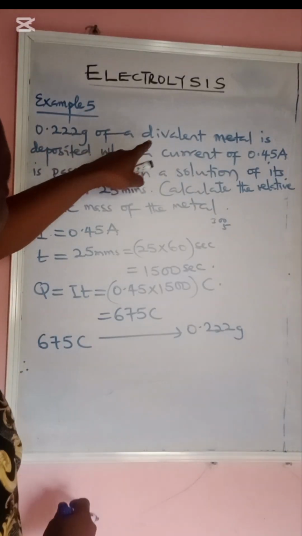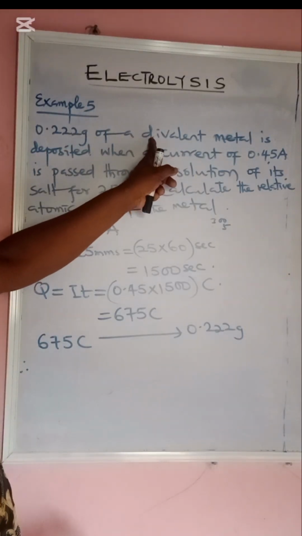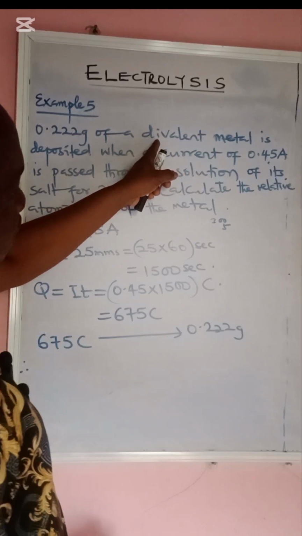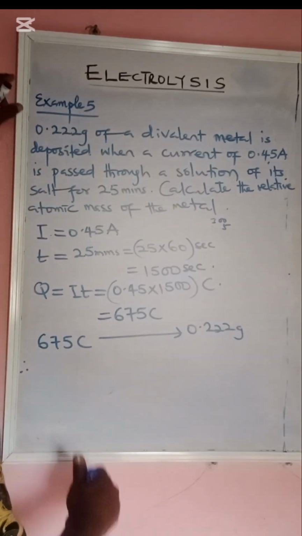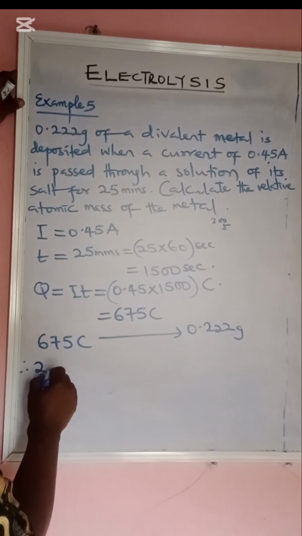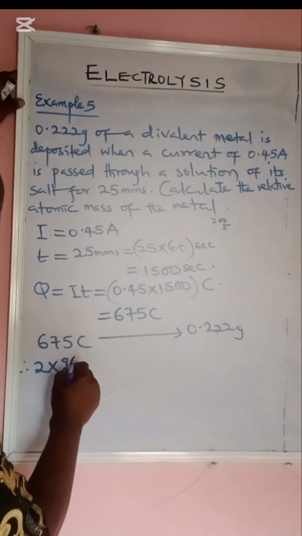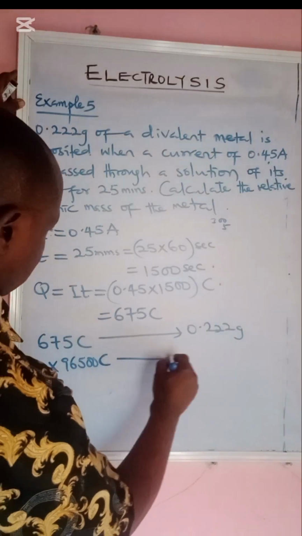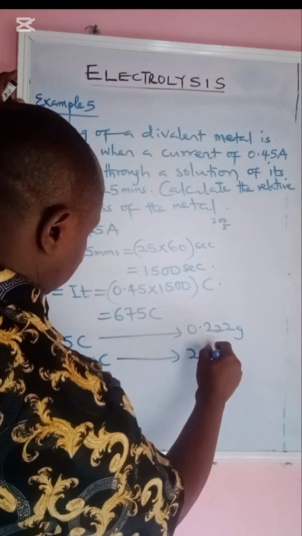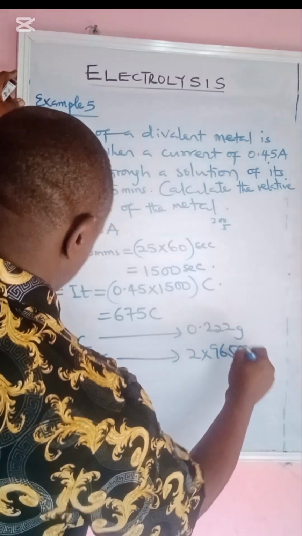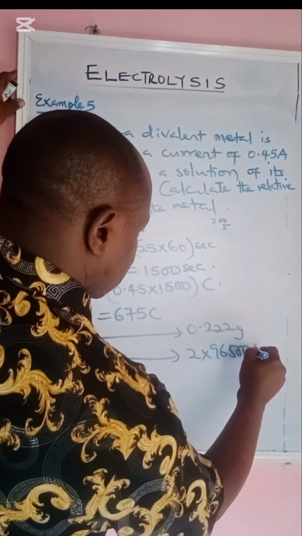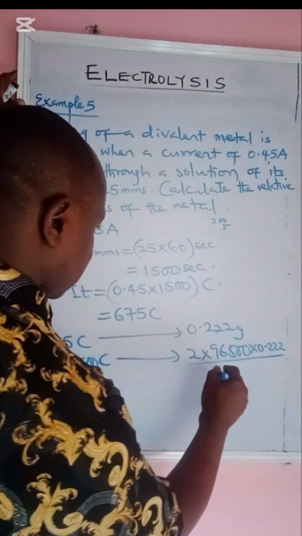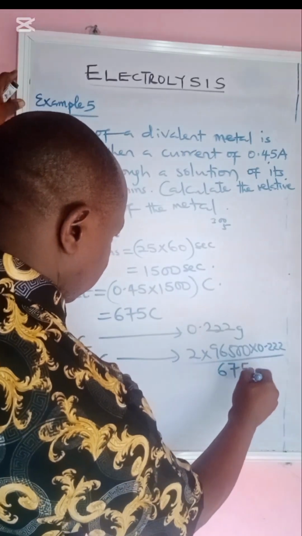Therefore, let's look for 2 Faradays. That's the number of Faradays required to deposit the atomic mass of a divalent element. So we look for 2 Faradays, that is 2 times 96500 coulomb. We require 2 times 96500 times 0.222 divided by 675.